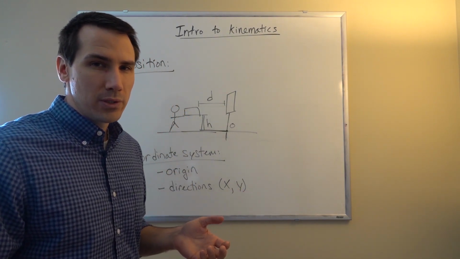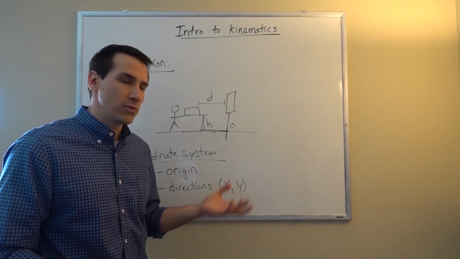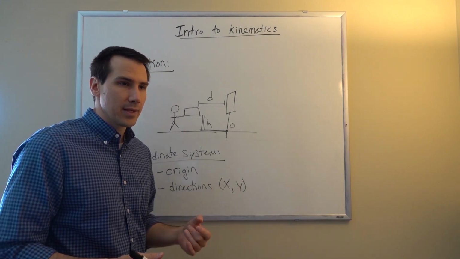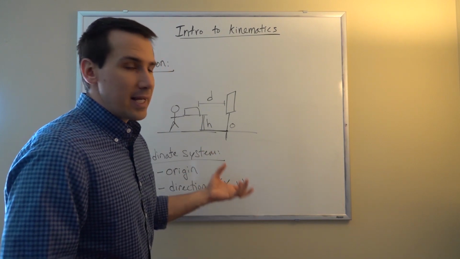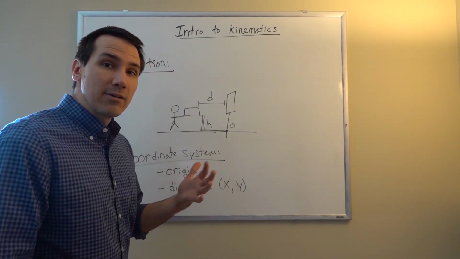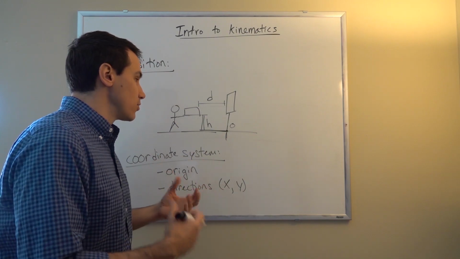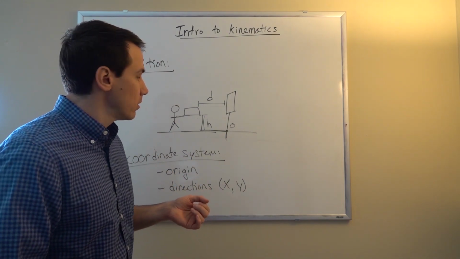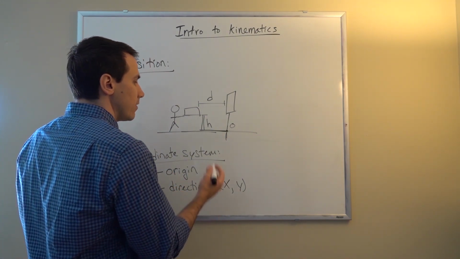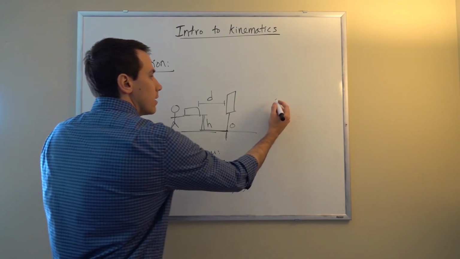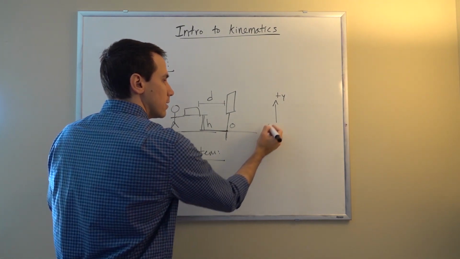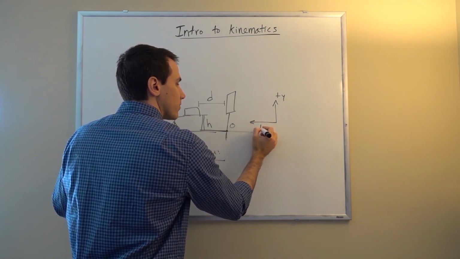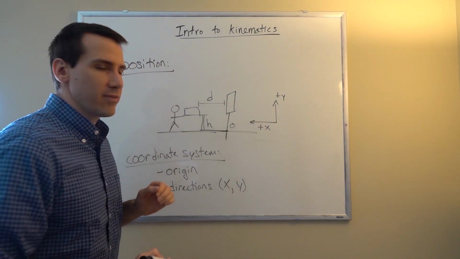We'll only use 2 dimensions in this class, though you could use x, y, and z to have 3 dimensions. And we associate positive and negative with these directions. So for example, you could say that in this coordinate system, moving up is the positive y direction, and moving to the left is the positive x direction.